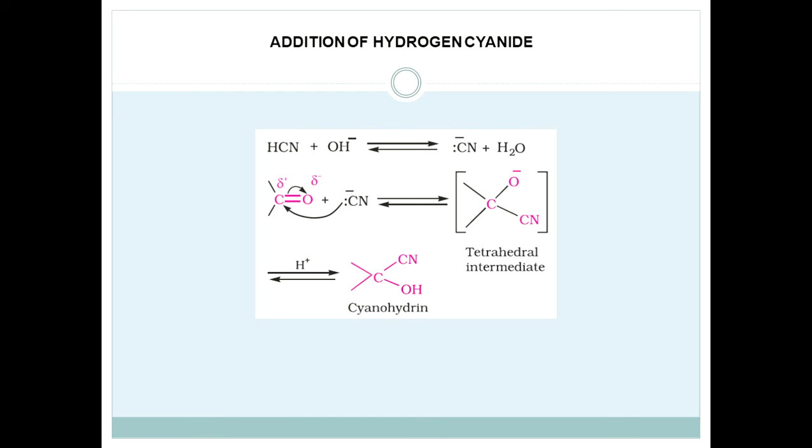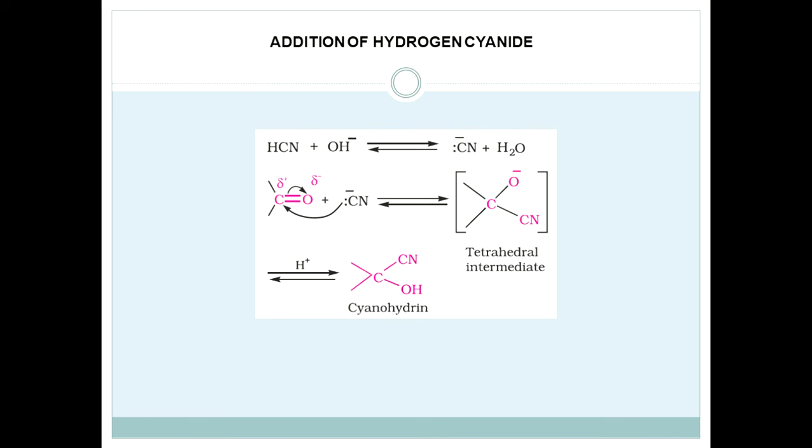So let us know the mechanism of addition of hydrogen cyanide to aldehydes or ketones. The presence of a base promotes the ionization of hydrogen cyanide to give cyanide ion.